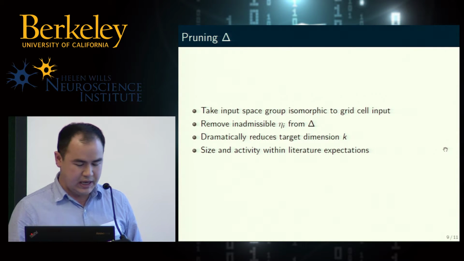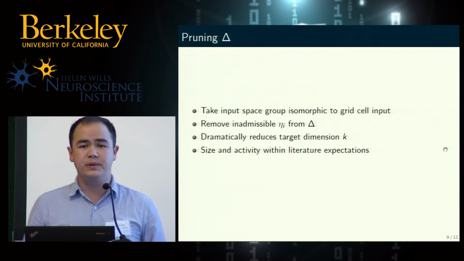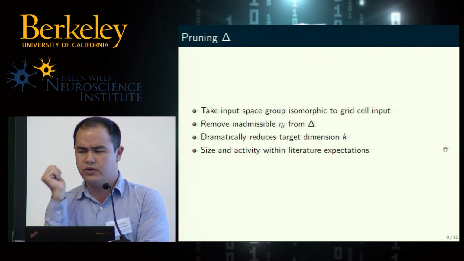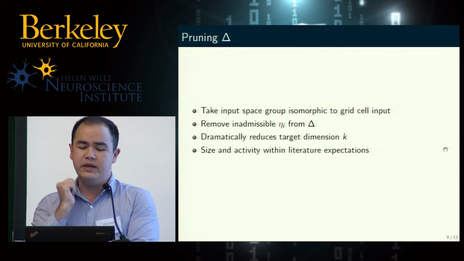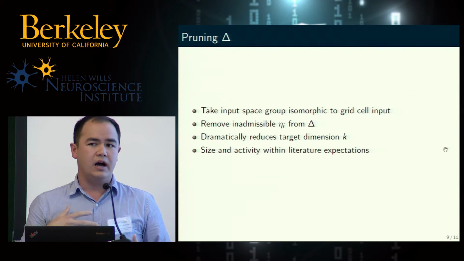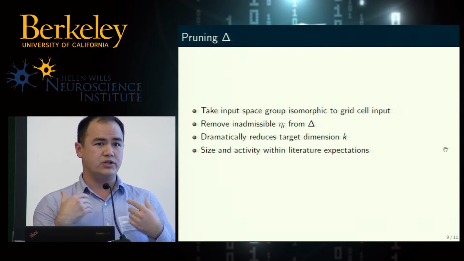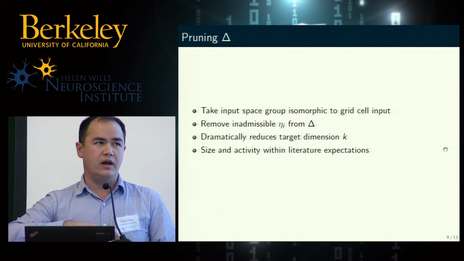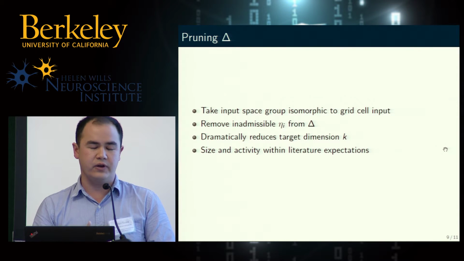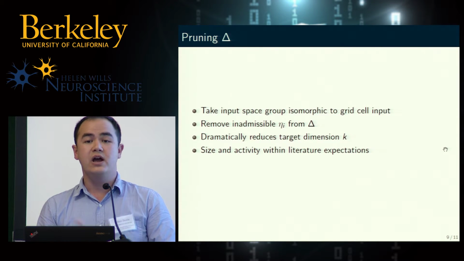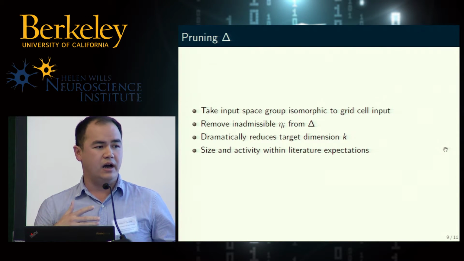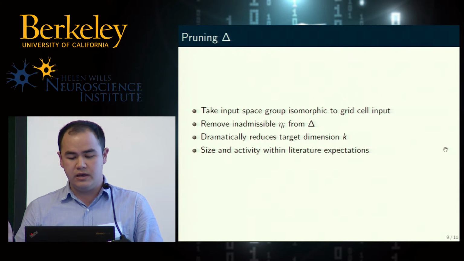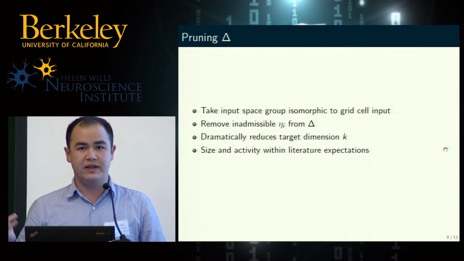So what we do is we take our input space to be group isomorphic to this grid cell code, or the grid cell input. Since it's group isomorphic, it's equivalent in terms of structure, but also in terms of operation. So those nice properties like the redundancy and the carry-free arithmetic are still reflected in this isomorphic space. And then we just remove the parts of delta that can't happen.